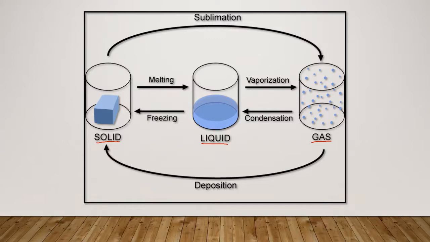Kita ada tiga jenis jirim, iaitu pepejal, cecair, dan gas. Dan tiga-tiga ini berbeza berdasarkan dia punya arrangement, susunan, dan juga dia punya motion, pergerakan di dalam jirim tu. Ini kita tengok, ini dia punya bentuk dia.